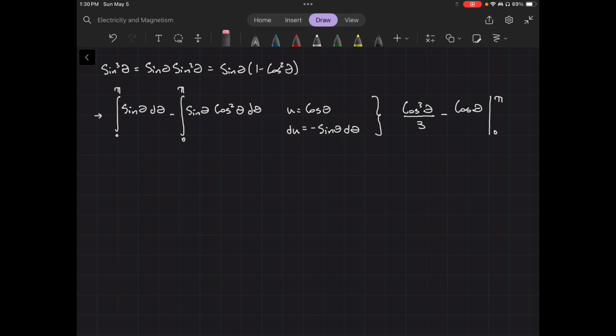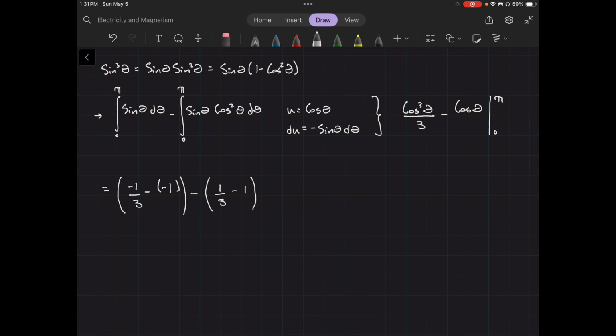So now we can go ahead and evaluate, and you see that cosine cubed of pi over 3 is equal to negative 1/3, minus cosine of pi, which is just minus negative 1, minus cosine cubed of 0 over 3, which is 1/3, minus cosine of 0, which is 1.